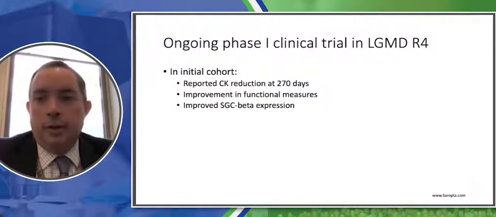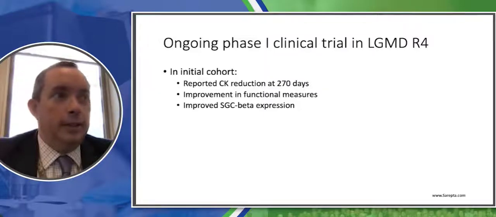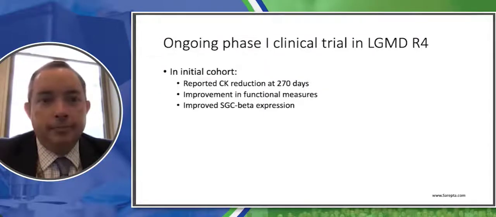What they showed in their early phase clinical trial, in a very initial cohort, was that CK was reduced, so there was less sign of muscle damage. They were able to show that the beta-sarcoglycan expression was improved, which is what you want to see, and that functional measures were improved. So all very promising data from that early phase clinical trial as it stands. So next slide.